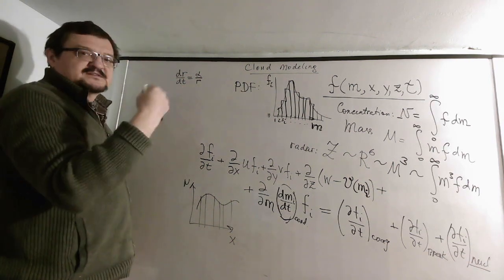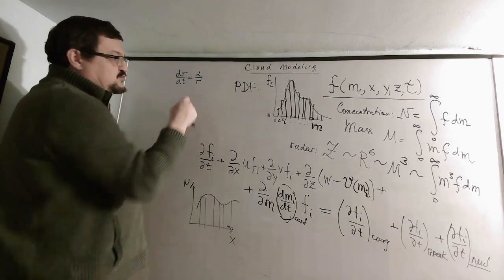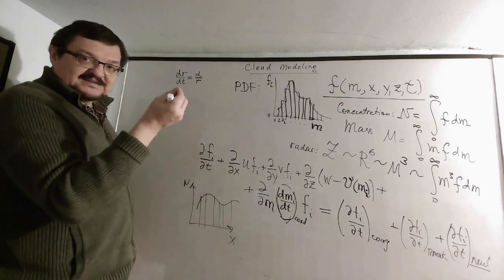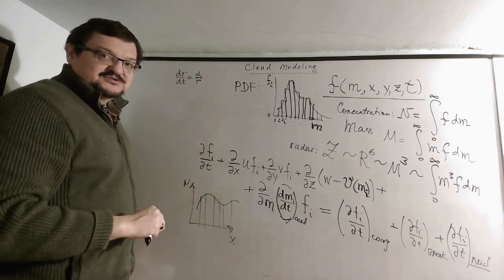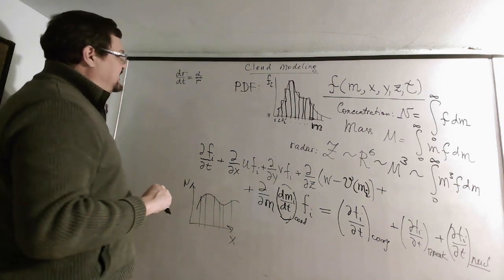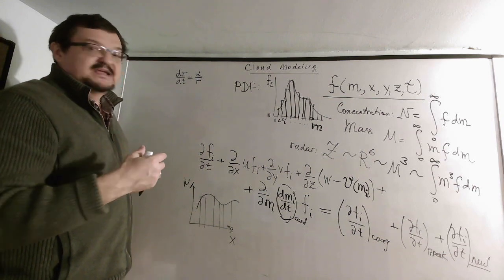by condensation alone, because it would take too long a time to grow 4 orders of magnitude in size, from 1 micron to 1 centimeter, let's say. It would probably take many days.